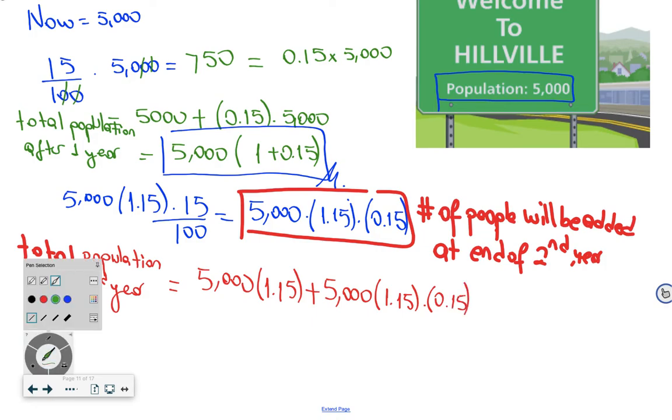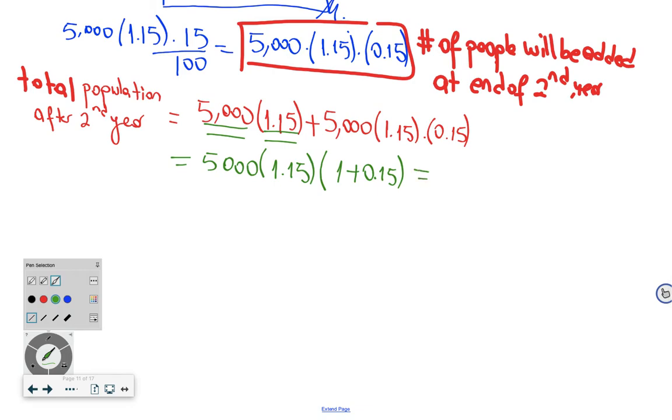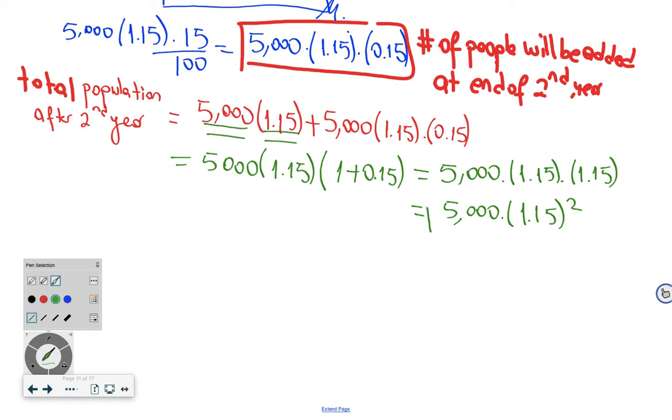If I take the greatest common factor, 5,000 times 1.15, in parentheses you will get 1 plus 0.15, which means you will get 5,000 times 1.15 times 1.15, which is 5,000 times 1.15 squared. So this is going to be the total population after the second year.